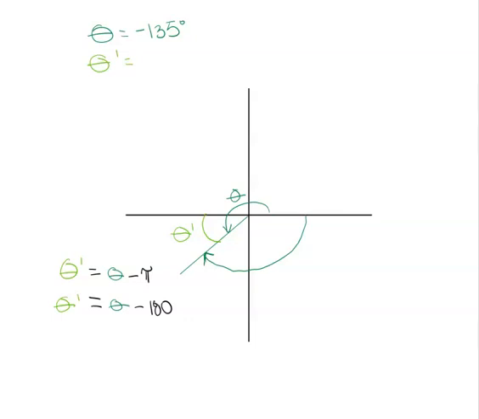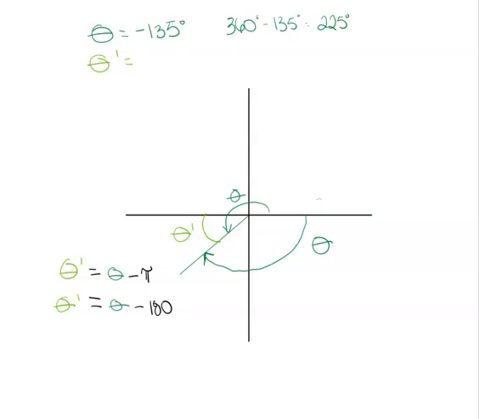So the way we do that is we take 360 degrees minus 135 degrees, and we get 225 degrees. So we see that this theta here is coterminal with this other green theta here if we were to go in the positive direction. So we're going to use this number, 225 degrees, to figure out what the reference angle, or theta prime, is.